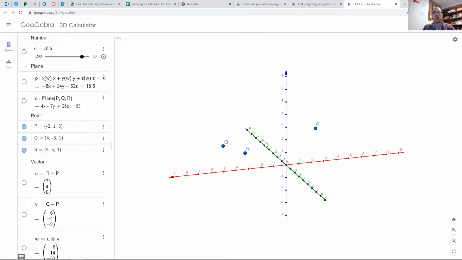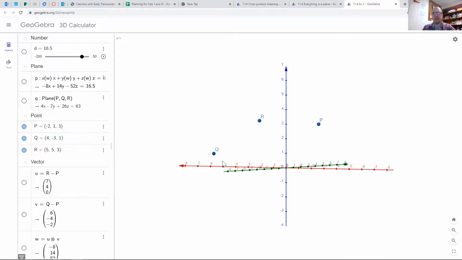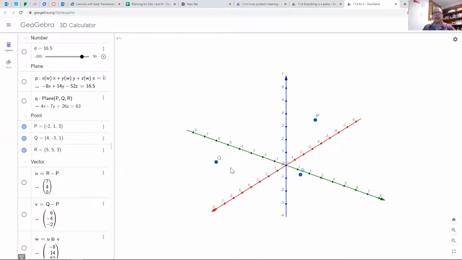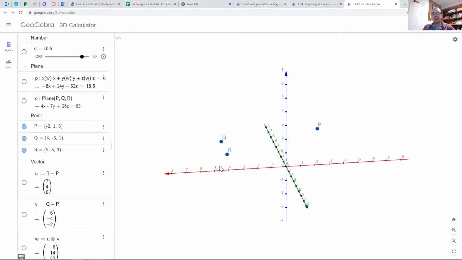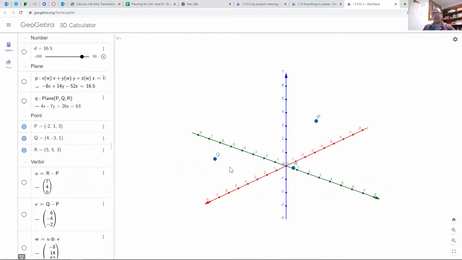So we have 3 points. P is -2, 1, 3. Q is 4, -3, 1. And R is 5, 5, 3. So they're all hanging up here above the XY plane.